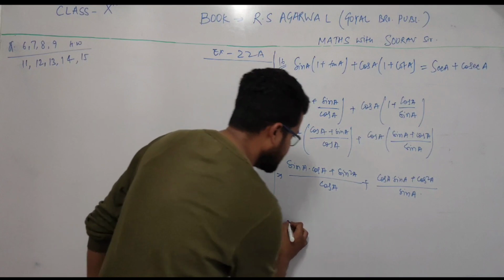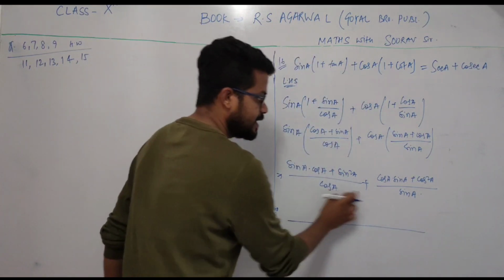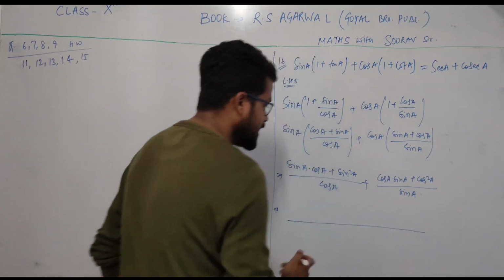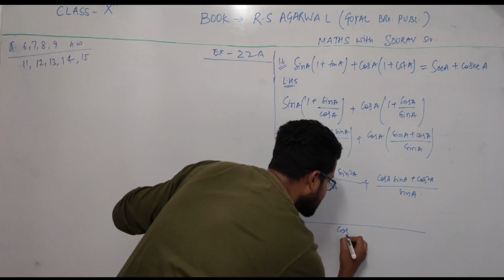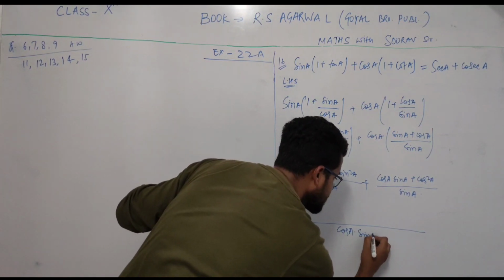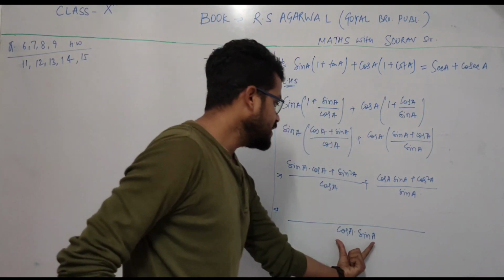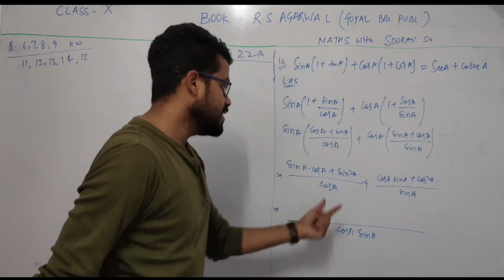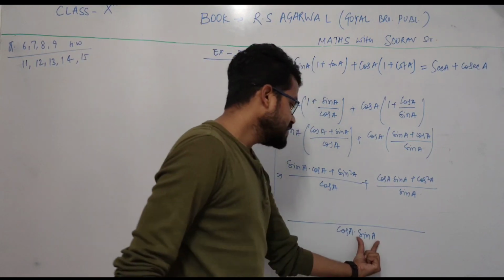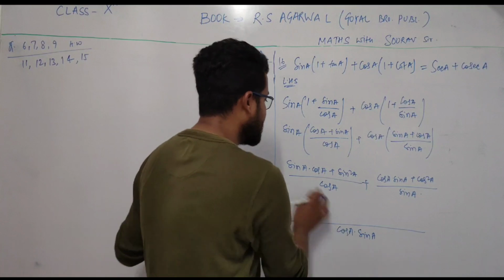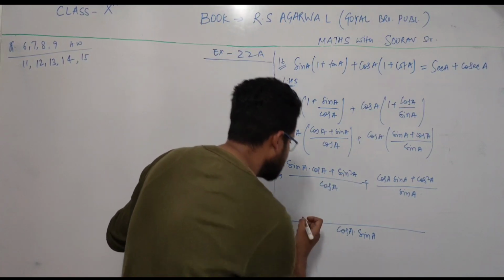Now the next step is to take LCM cos A into sin A. So I write here cos A into sin A. If we divide cos A sin A by this cos A, sin A is left. So sin A is multiplied with both of these terms.